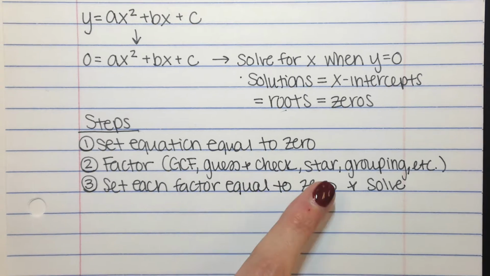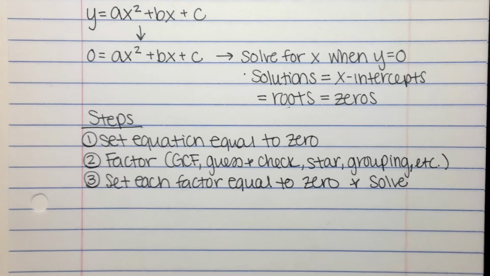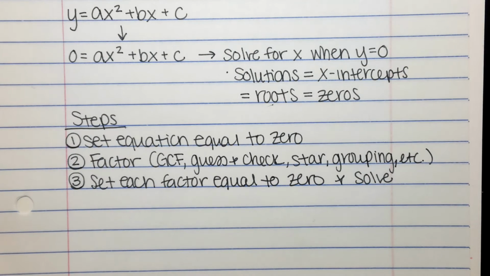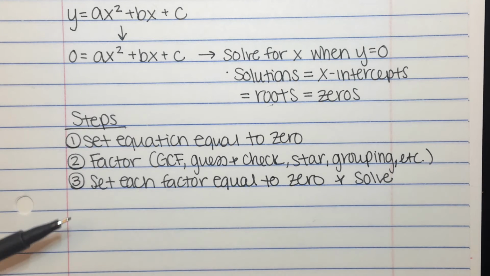Sometimes you might need guess and check, the star method, grouping, etc. Again, whatever method you used previously back before Christmas break that you were successful at, continue doing it. And then number 3, set each factor equal to 0 and solve. So you're going to make little tiny equations after you factor and then solve those, and they're going to be very easy to solve. Okay, so now we'll move on to do some examples.